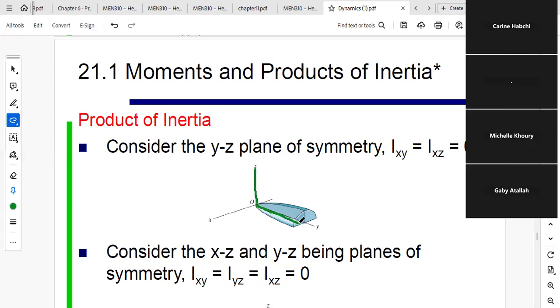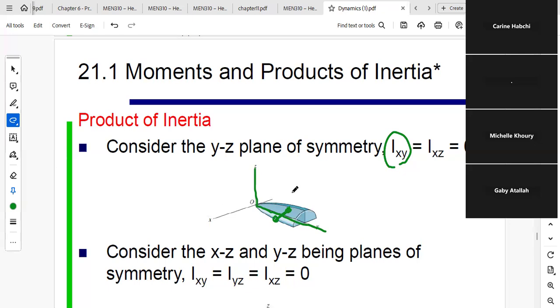So for each element on this side, you will have an opposite element from the other side, having the same Y but opposite X. And that's why you can say that when you calculate Ixy, it will be equal to 0. Same here for Ixz.